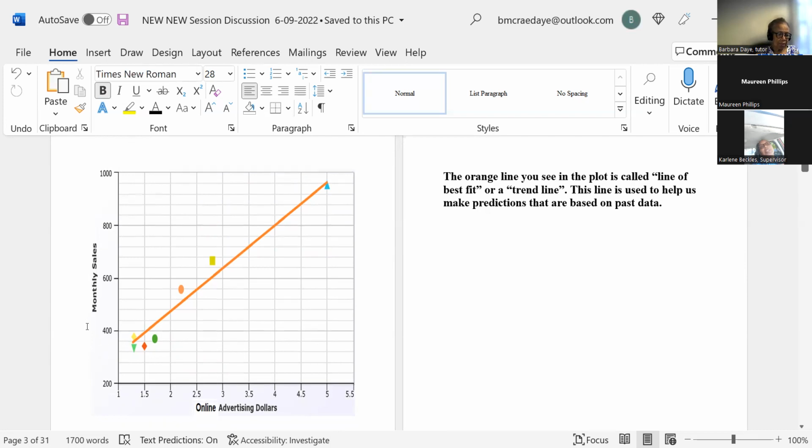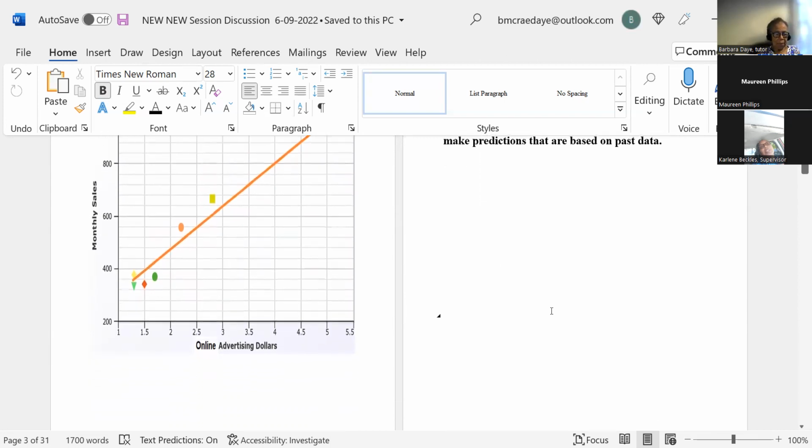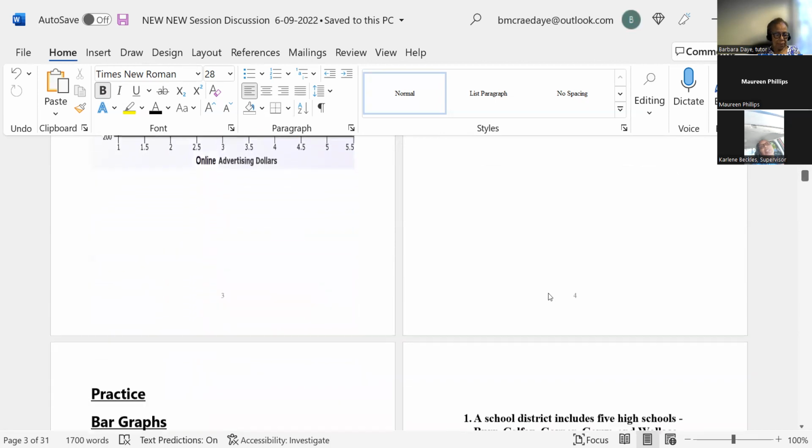So monthly sales here is 400. If your dot was right here, that would be the dollars, 1.5 for advertising. Okay. And they use this for making predictions. Companies use this a lot for making predictions as to what will happen based on past data.